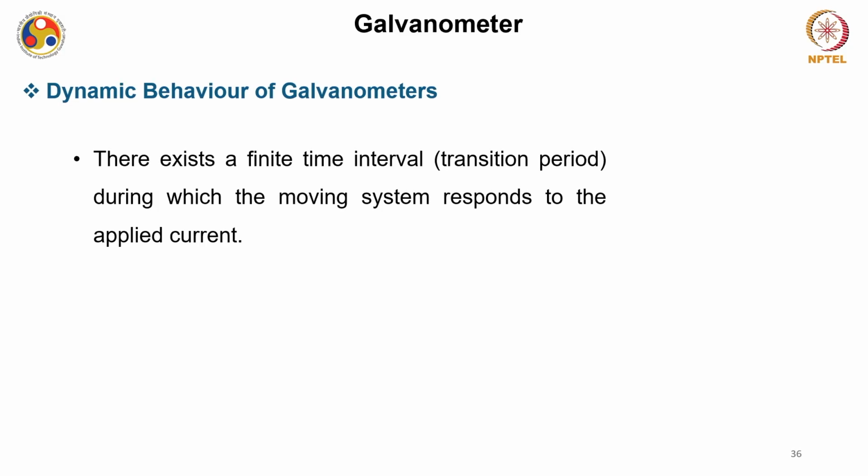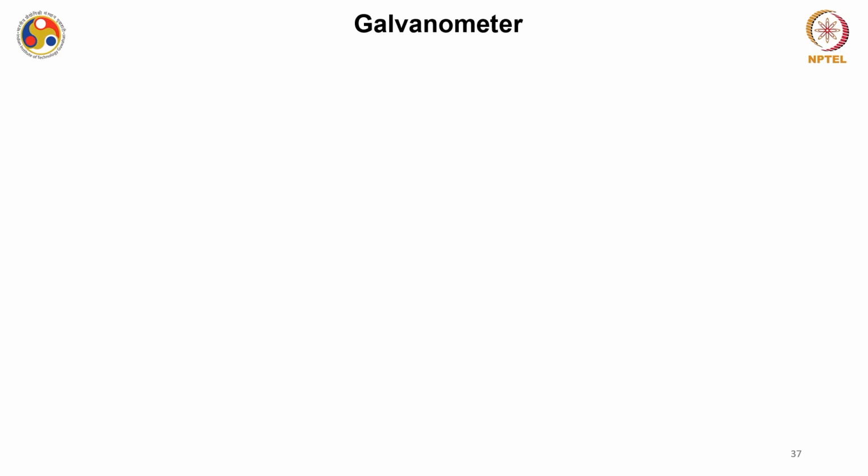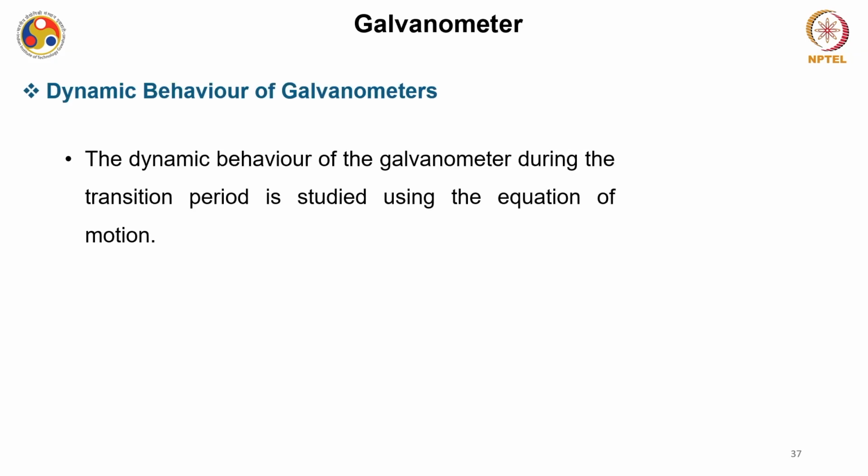So there exists a finite time, which is the transition period during which the moving system responds to the applied current which it is measuring. During this transition period, the moving system deflects from its initial position to the final steady state position, and the dynamic behavior of the galvanometer during the transition period is studied using the equation of motion.